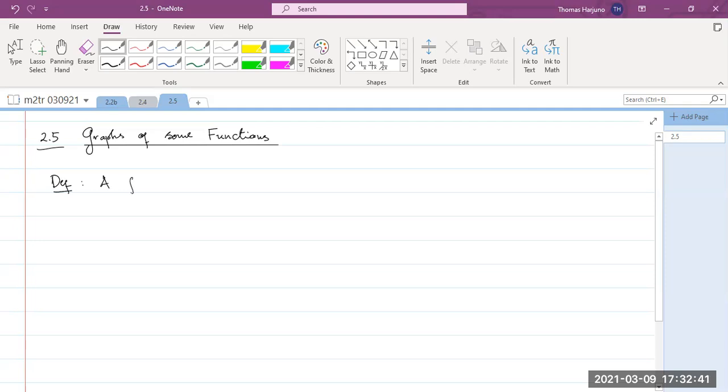A function is an even function if its graph has y-axis symmetry.